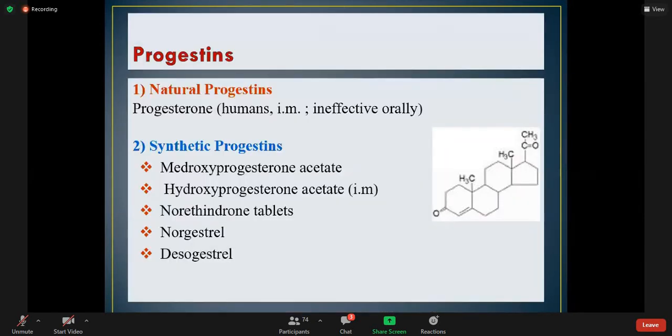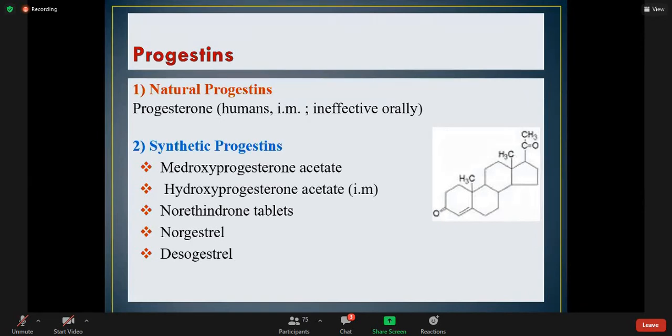Now, the natural progestin is progesterone, right? We cannot give natural progestin preparation orally because it would be ineffective. So usually we give the intramuscular preparation. Synthetic progestins can be given orally.